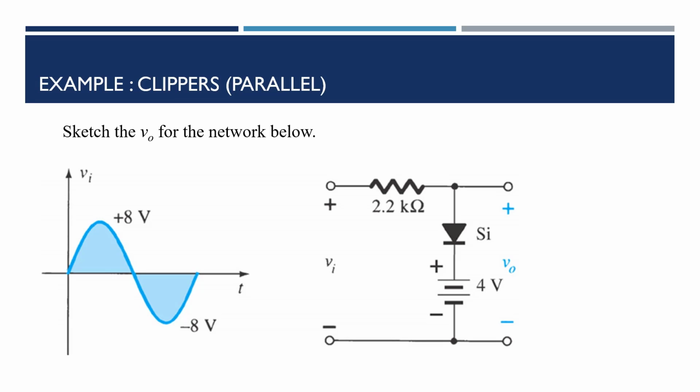If you look here, we have this external voltage, which is like a battery, connected with this diode, and we need to consider this voltage during the analysis. We have the input, the maximum is 8 volt and the minimum is negative 8 volt.